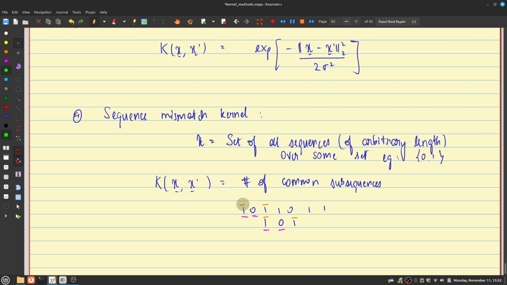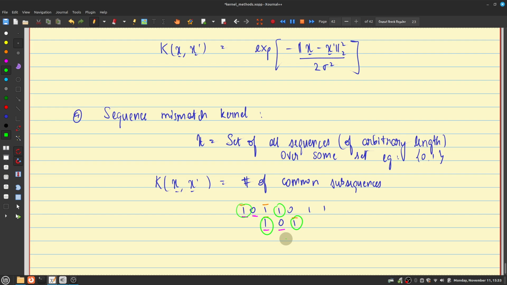At the same time, this 1 1 and this 1 1 is a different common subsequence. In general, the number of common subsequences is going to grow exponentially in the length of the shortest sequence. Or sorry, it would grow exponentially in the length of the longest sequence.